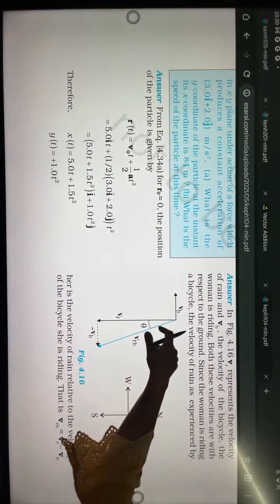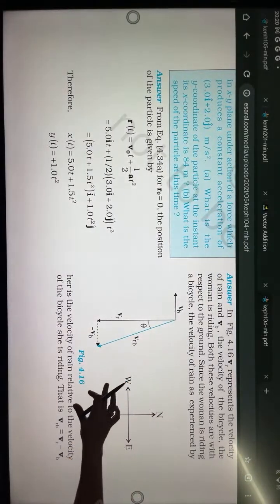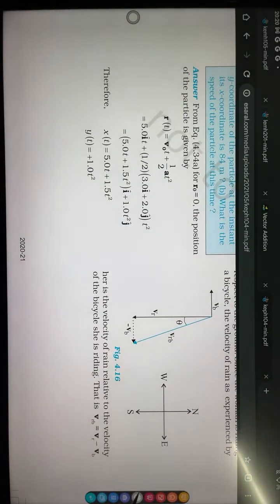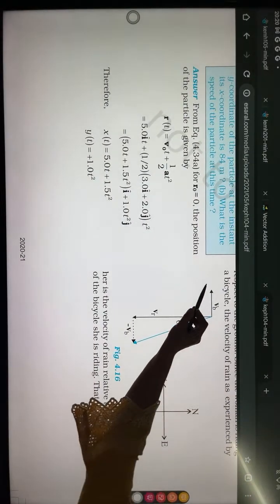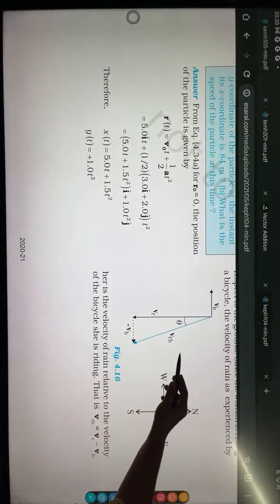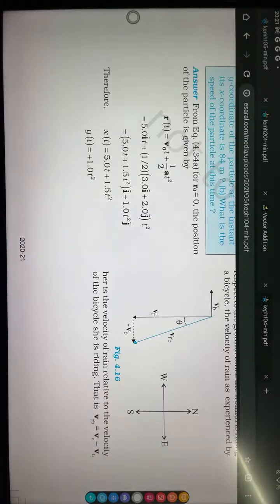Both are moving now, both are having velocity, right? So the rain velocity is taken as VR. What is VB? The bicycle's velocity. The resultant is VRB. VB is taken now in the negative direction.